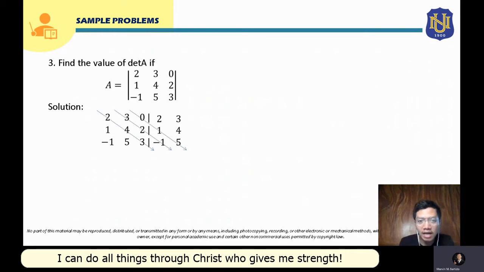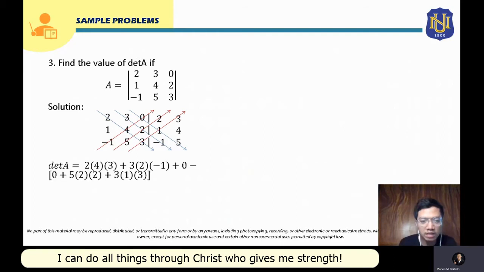What we do next is multiply the elements in the upward to the right direction and get their sum. We subtract that from what we solved in the first multiplication. That will be the determinant of A.